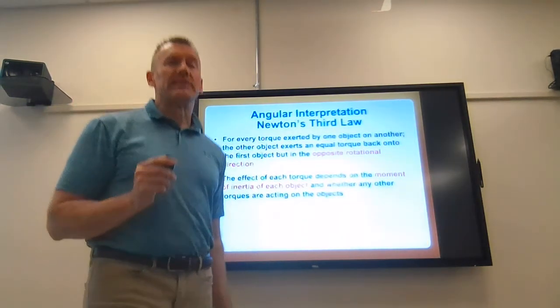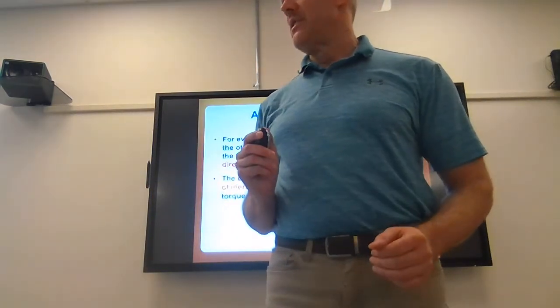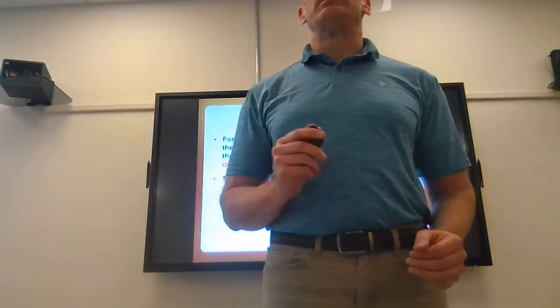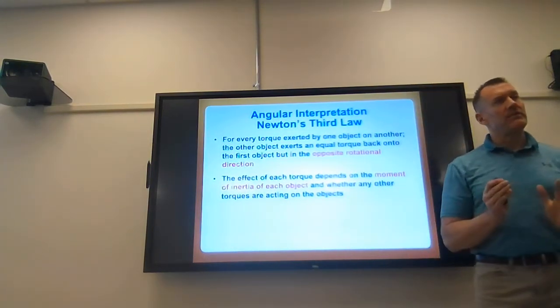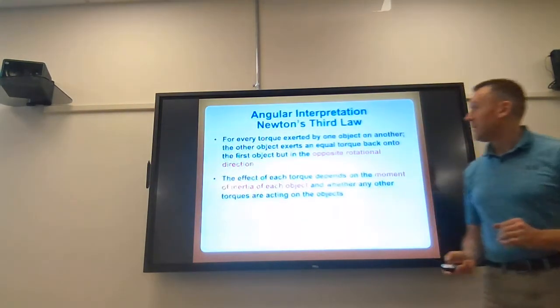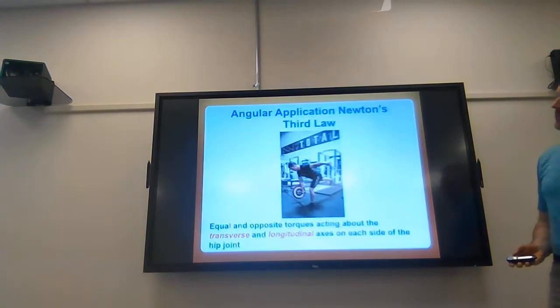Just like in a linear sense, an object or body that has less mass will accelerate to a greater degree for a given amount of force. So it's just thinking of things in terms of rotating versus just moving in a linear sense.